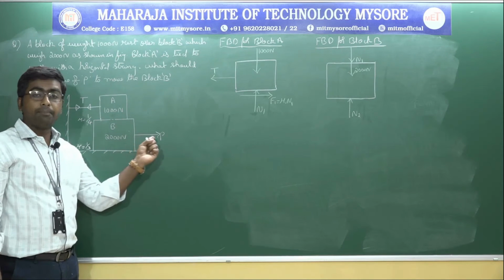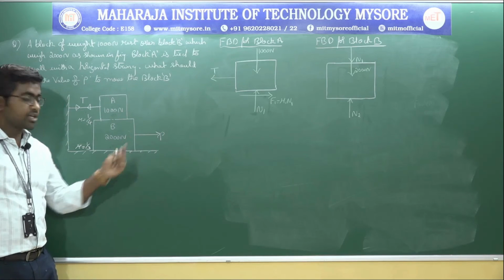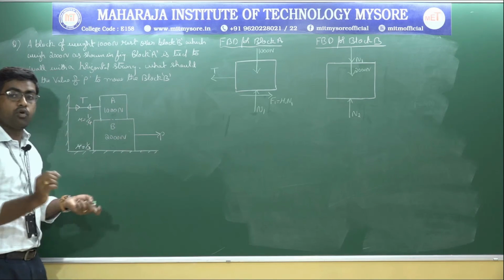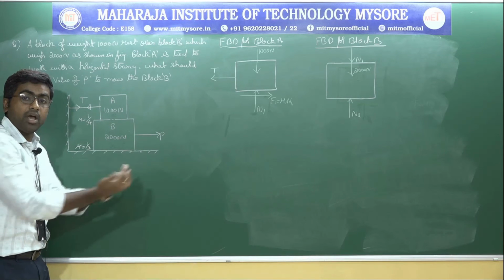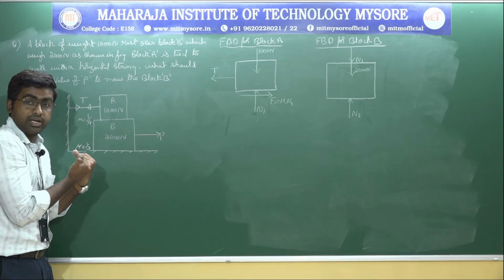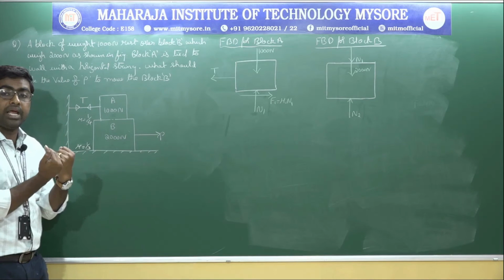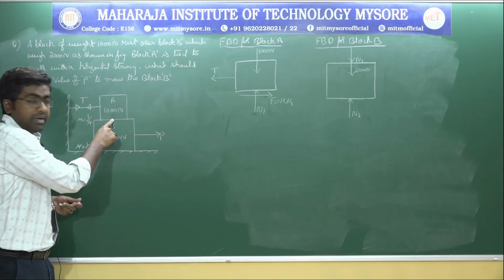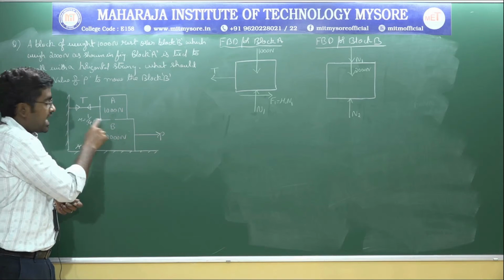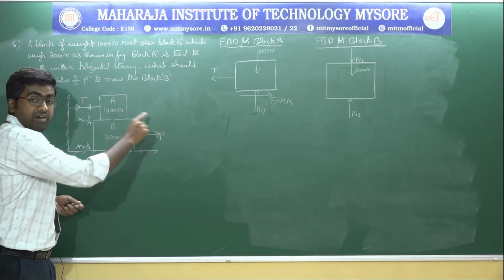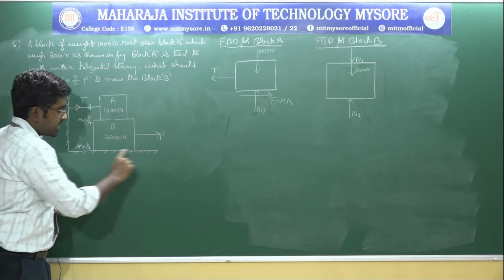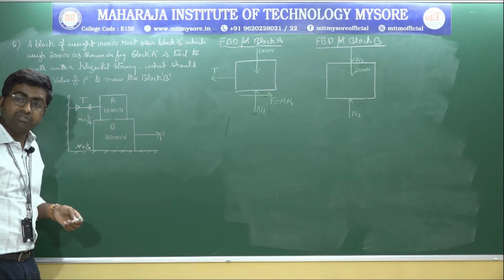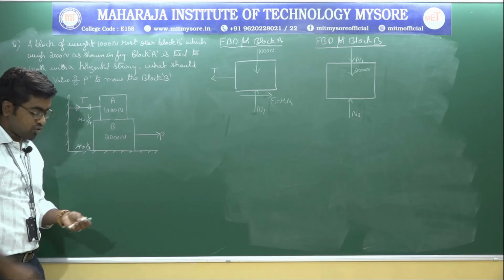So when you apply a force in this direction, block B is going to move in the direction of the applied force. That means the friction will be opposite to the impending motion. Here there will be two frictions because there is a contact between block A and block B. At this particular surface there will be one friction, and at this particular surface there will be one friction, and both frictions will be opposite to the impending motion.